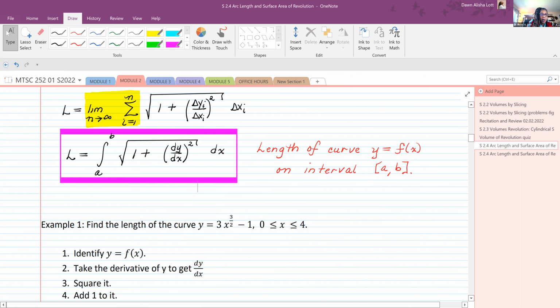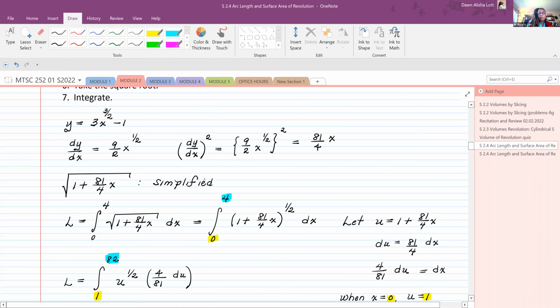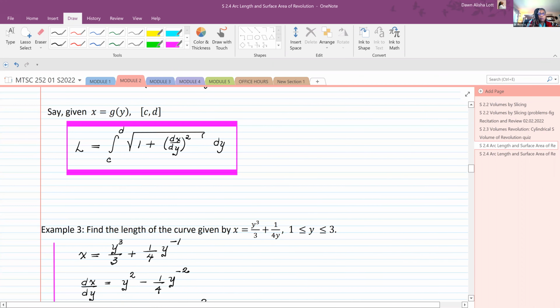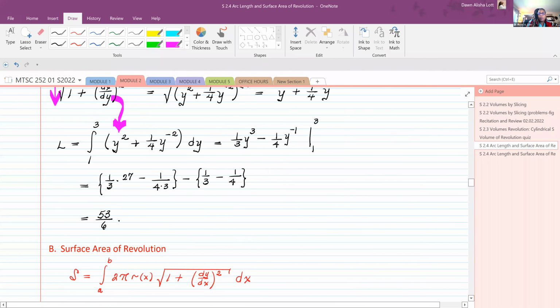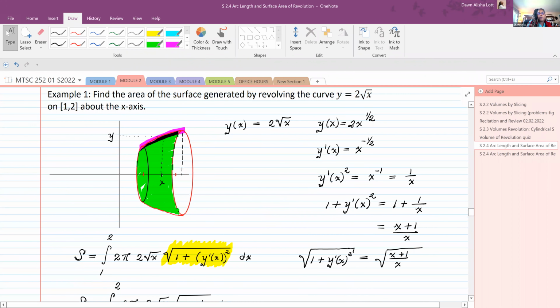We identified y, we took the derivative, we squared it, we added 1 to it, we simplified it, then we took the square root and then we integrated it. That's what I did here. I started with y, I found its derivative, I squared it, I added 1 to it, and then I simplified it, and then I put it inside the square root.